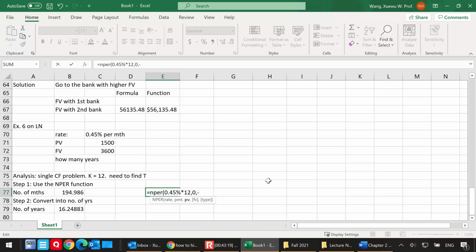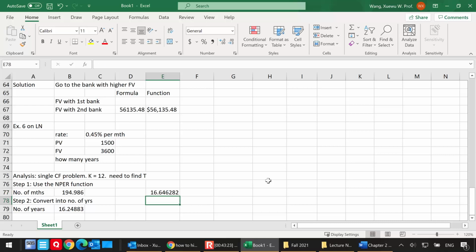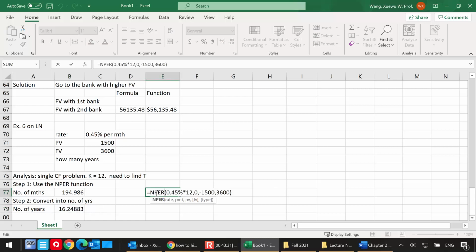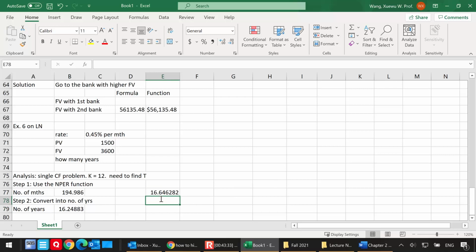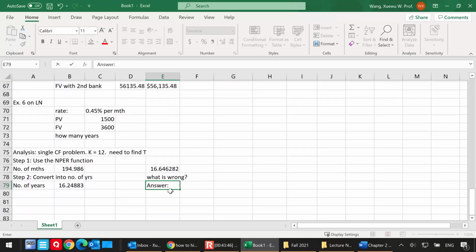Present value is negative 1,500. Future value is positive 3,600. So if I do it this way, I get 16.65, which is actually fairly close. But this is not the correct answer. Why? What's wrong here? Okay, what's wrong? So we know that the correct answer is 16.25, and you're getting 16.65.